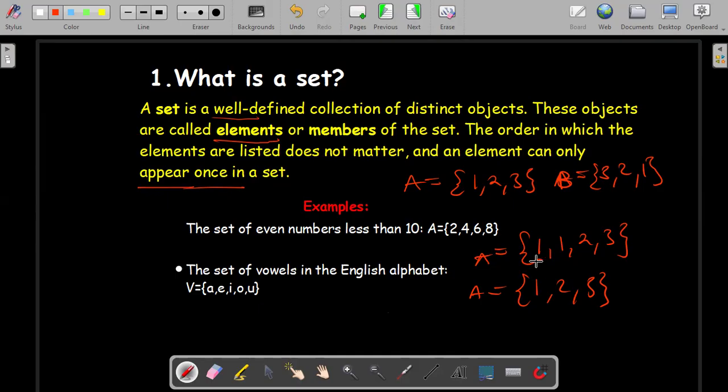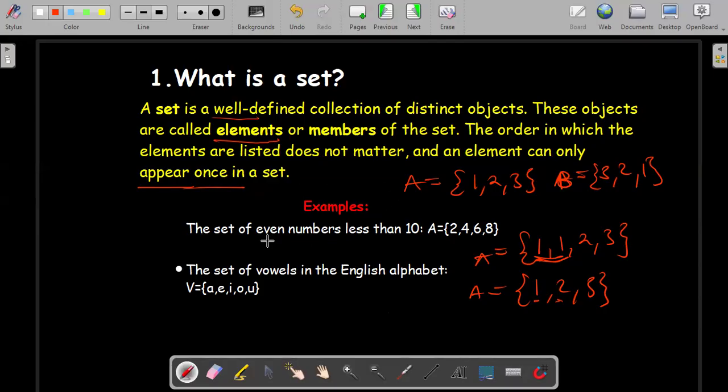In short, our set is not going to have repeating elements when we list them out. If I have the number 2, it's listed once like that. I won't write two twos. Even if there were two twos, I just count the 2 there. So that's what it means when we look at a set.